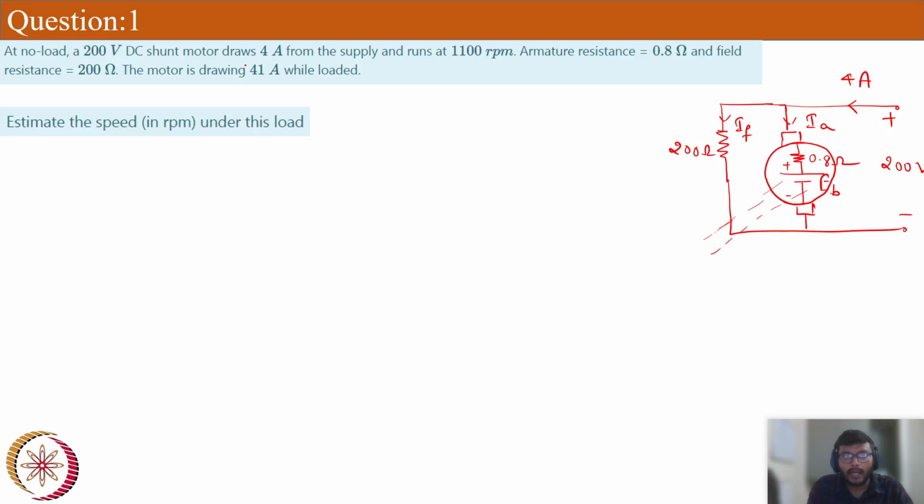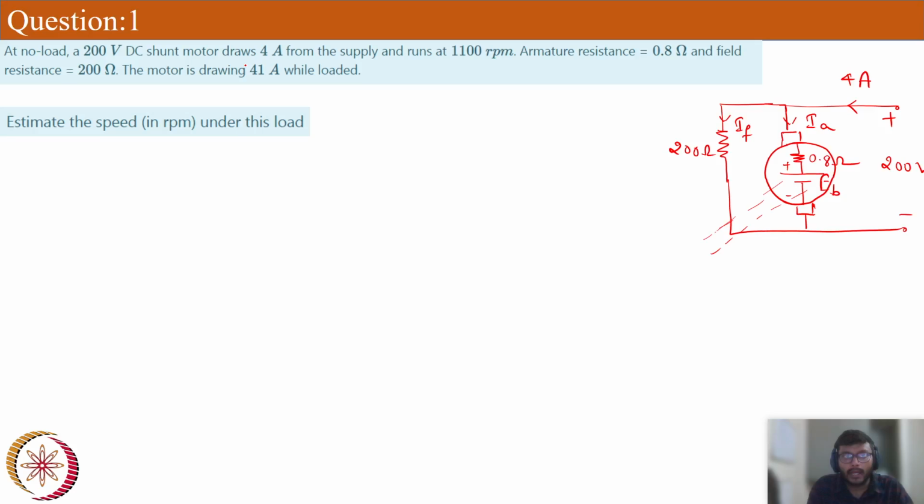And my RF is not changing in both conditions. So 200 divided by 200 is equal to 1 amp. Let me calculate IF2, the second field current in loaded condition. Voltage is the same, RF is the same, so I end up with 200 by 200 equal to 1 amp. So my IF1 and IF2 in both cases are the same.